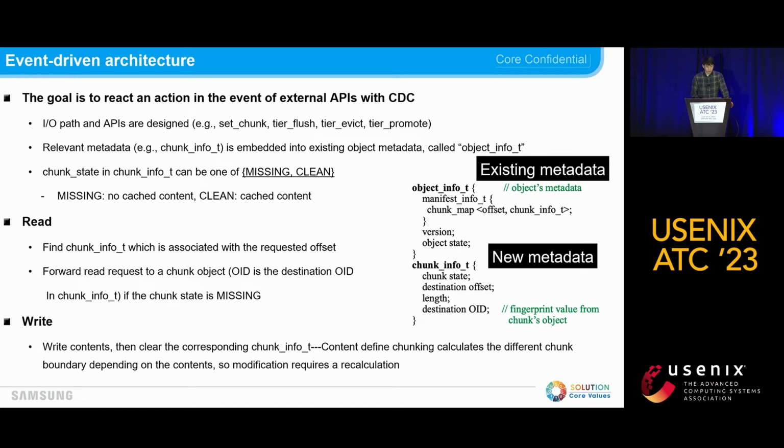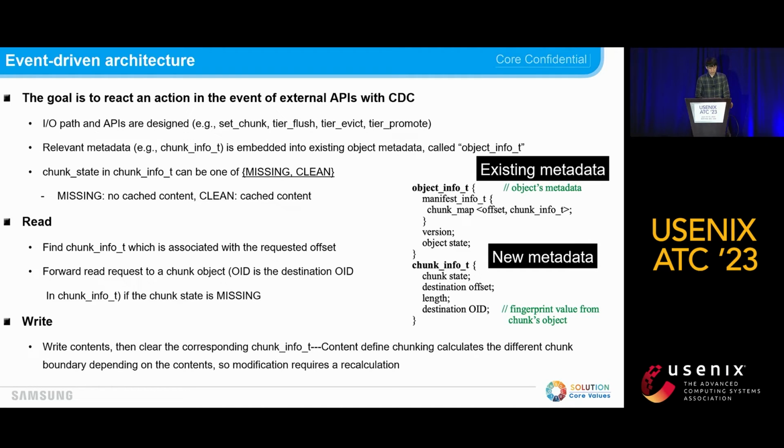For example, on read, TiDedup looks for the corresponding chunk in the chunk info, which is newly added for deduplication, and then forwards the read request to the chunk objects if chunk state is missing. If chunk state is clean, it directly returns the data to the user.